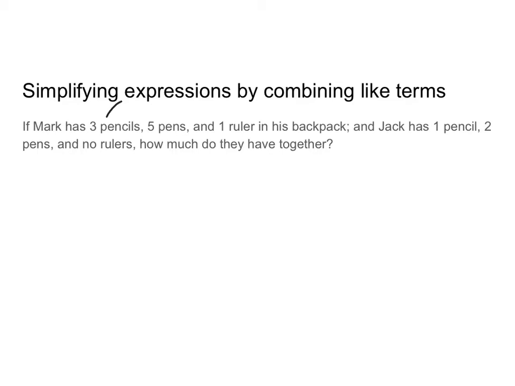So we're going to say that pencils are x, pens are y, and rulers are z. And we're going to do the same thing for Jack. Pencils are x, pens are y, and rulers are z. And so then we're going to write 2 expressions representing one for Mark and one for Jack.